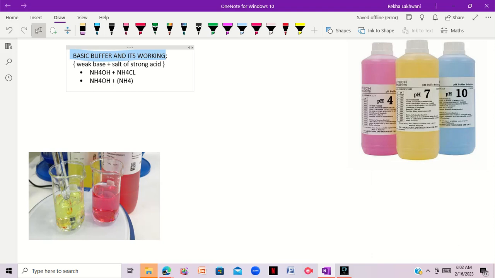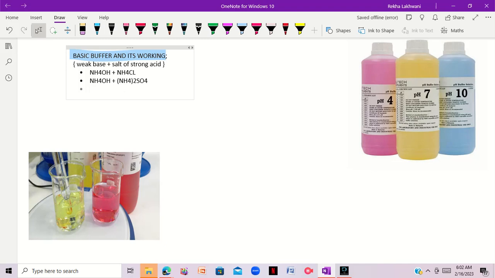So these both are examples of a basic buffer: a weak base plus a salt of a strong acid, ammonium hydroxide plus ammonium chloride, and ammonium hydroxide plus ammonium sulfate. These both are the direct examples.